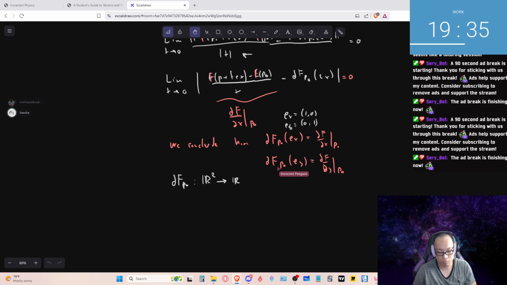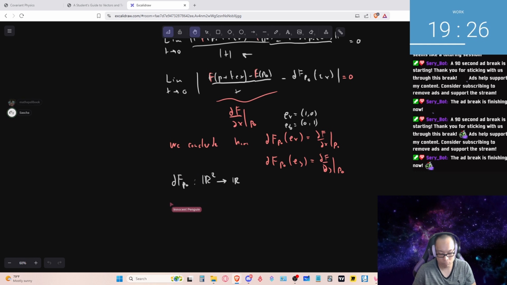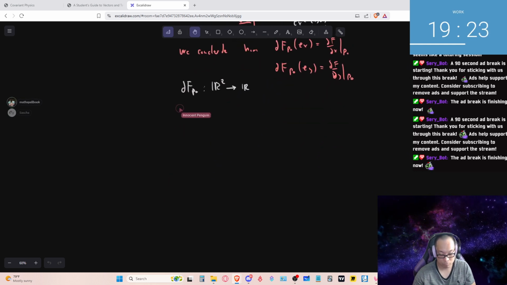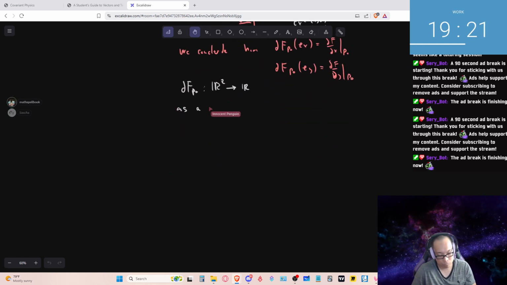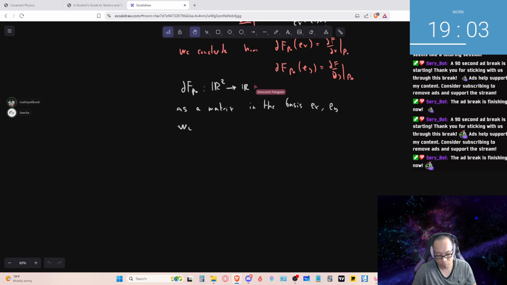And usually what this leads us to in linear algebra is a computation with matrices, right? So if we want to write this linear map as a matrix in our standard basis, ex and ey, and the basis on R is just the number 1, so we don't get much.